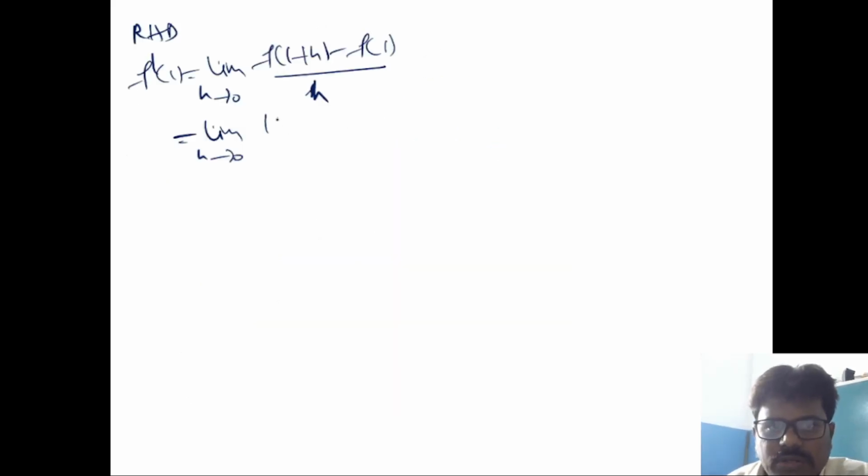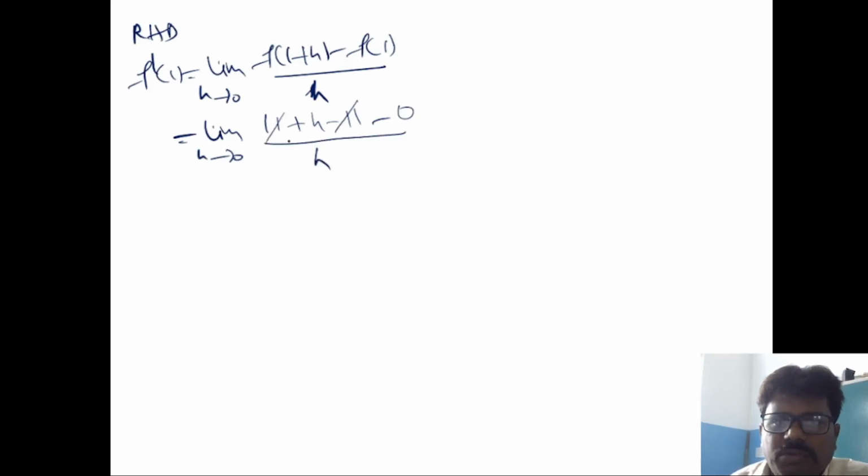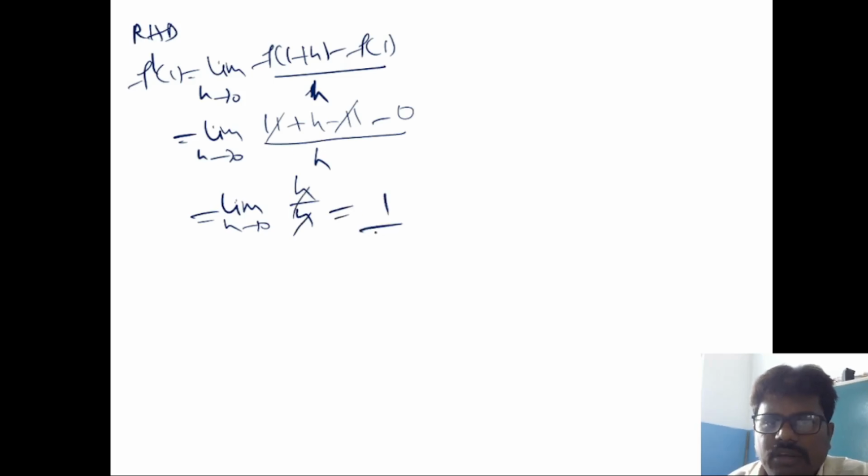So modulus of 1 plus h minus 1, of course f of 1 value will be 0, that we have written last time. Now again plus 1 minus 1 will be cancelled. Modulus of plus h is nothing but h. So here h by h, this will be cancelled and we will get 1.